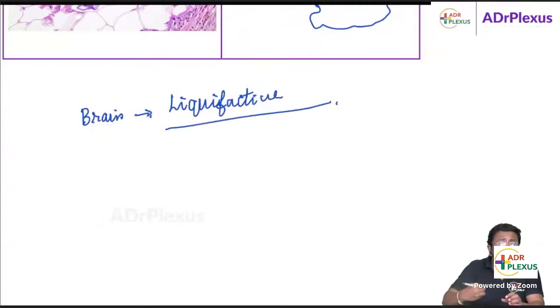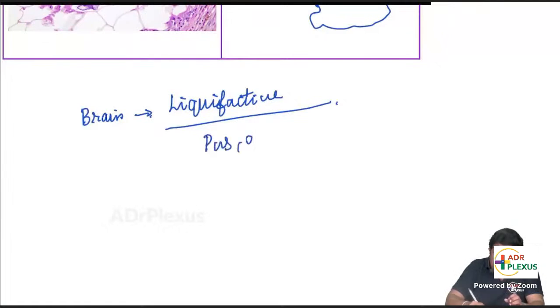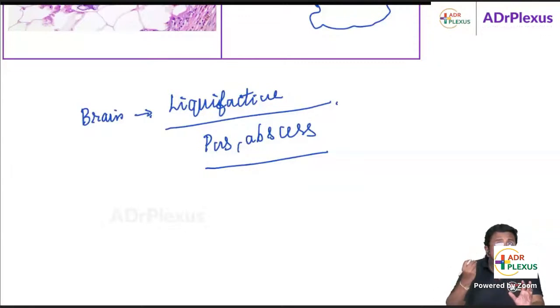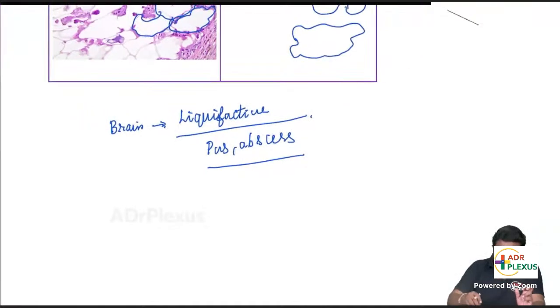In which other conditions can you get liquefactive necrosis? Pus, abscess. Yes, in all these conditions you will be getting liquefactive necrosis. Please remember that liquefactive necrosis is the liberation of the hydrolytic enzymes, as in the brain.